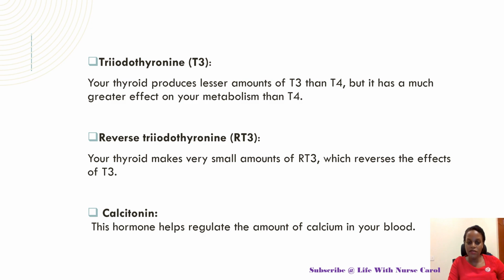Your thyroid makes very small amounts of RT3, which reverses the effect of T3. So RT3 and T3 have reverse effects. While the other increases your metabolism, this acts to reduce or reverse the effects of T3. The fourth and last hormone produced by the thyroid gland is calcitonin. This helps regulate the amount of calcium in your blood.